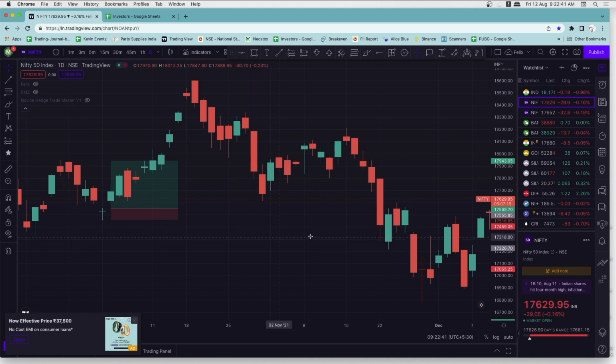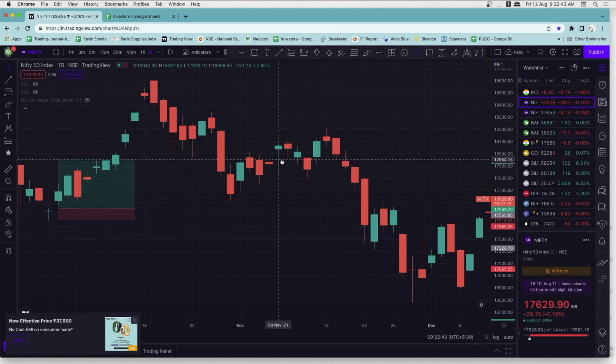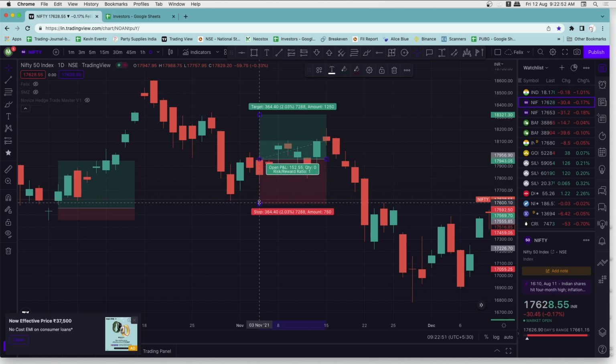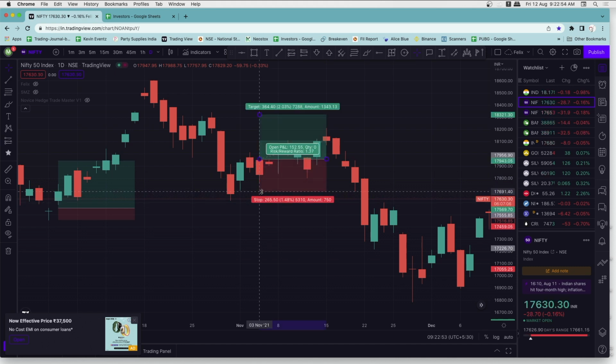On the November month, the candle was not closed. Here the candle closed above, and we'll be going long here, and the stop loss is about 250 points, so it will be like 1:2.